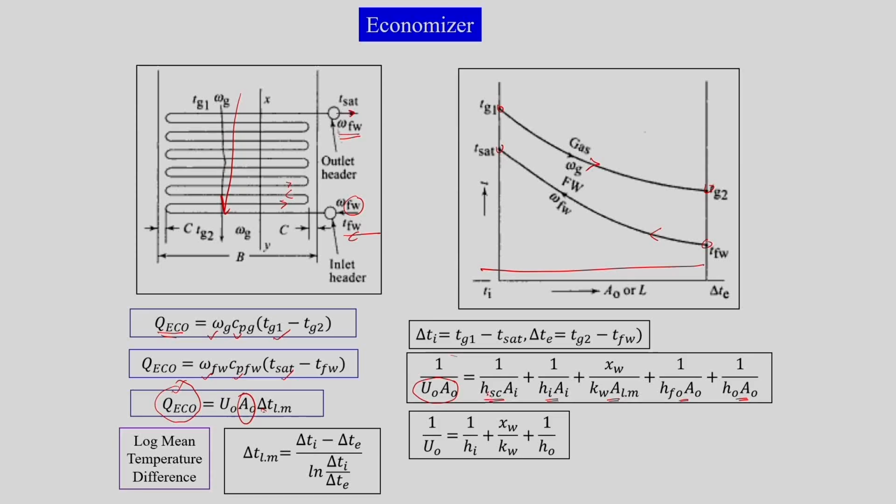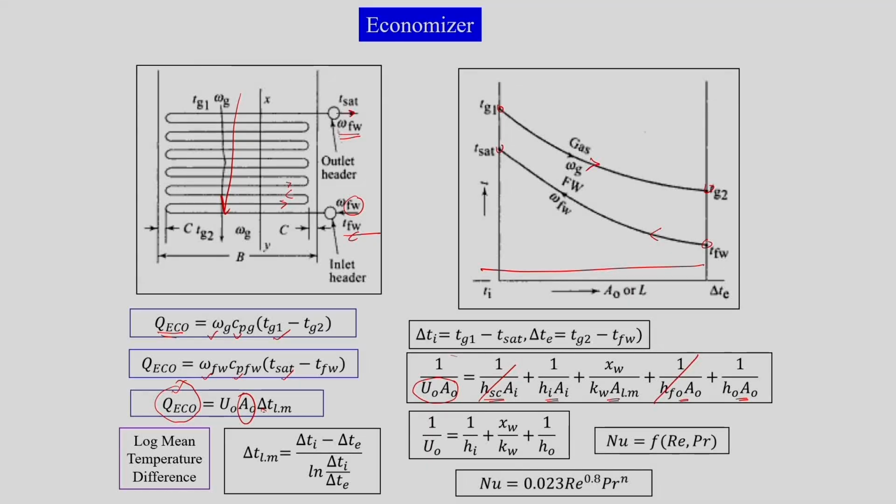However, we can neglect these two resistances, and with certain assumptions this becomes a formula, where we have 1 upon U naught is equal to 1 upon Hi plus Xw upon Kw. X is the thickness of the wall and K is the thermal conductivity of the wall. Necessarily here we have the Nusselt number for heat transfer as a function of Reynolds number and Prandtl number, and this is the expression for the heat transfer.